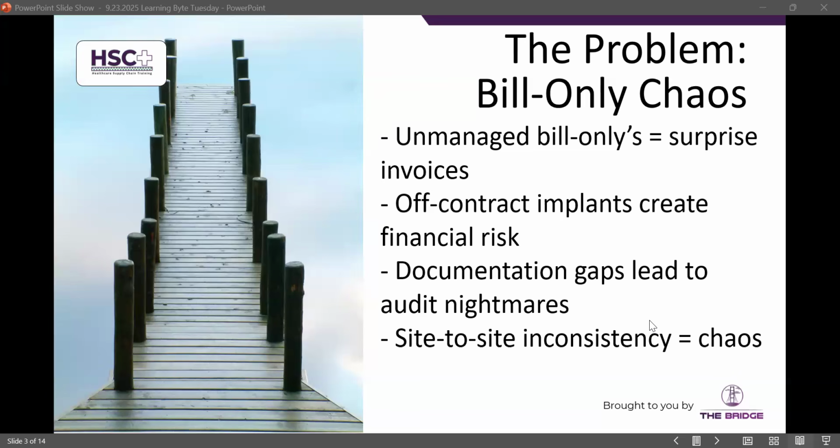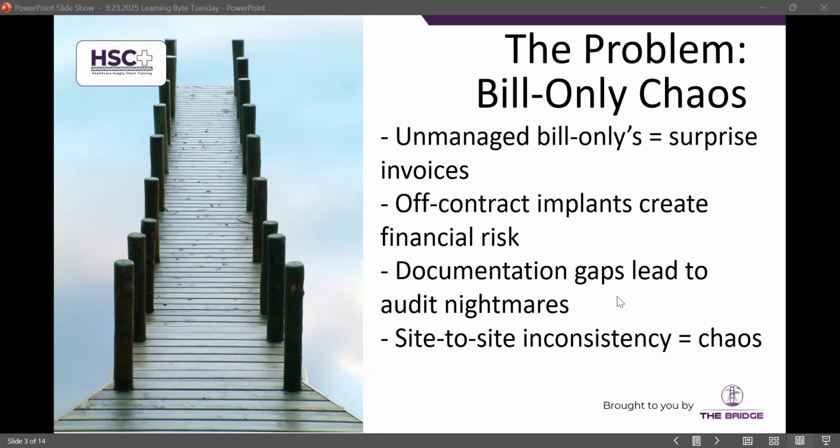If you are a health system with multiple hospitals in your IDN and you don't have standard work processes that are the same site to site to site within your bill only process, then when those bill onlys come in from the individual sites to one standardized place, usually procurement, or even if the invoice comes into AP, you're going to have chaos when you're trying to create the requisition to the purchase order, or when you're trying to match that invoice to a purchase order.